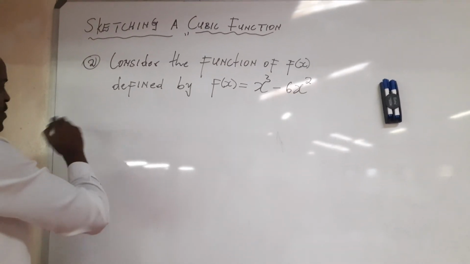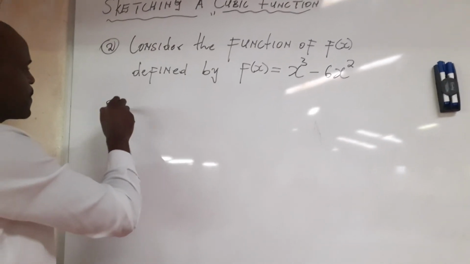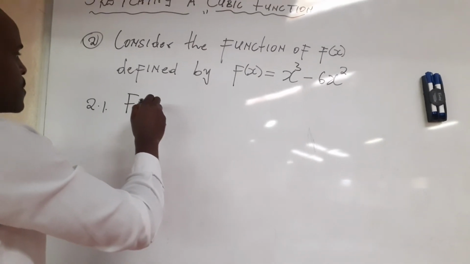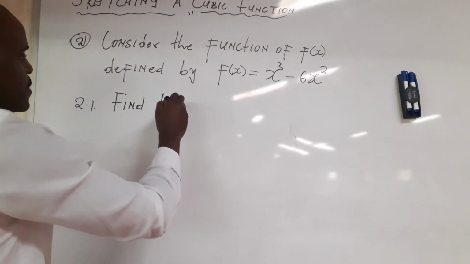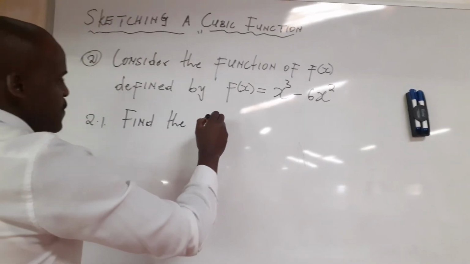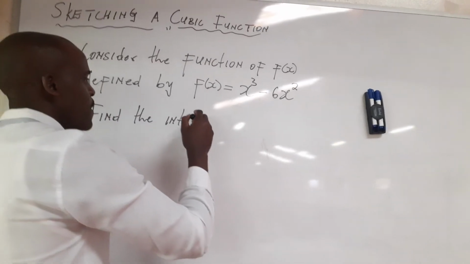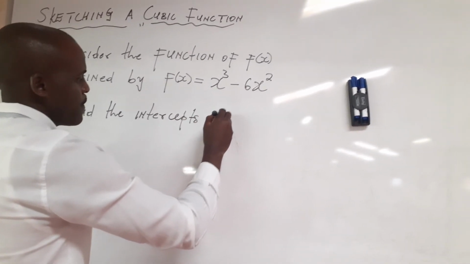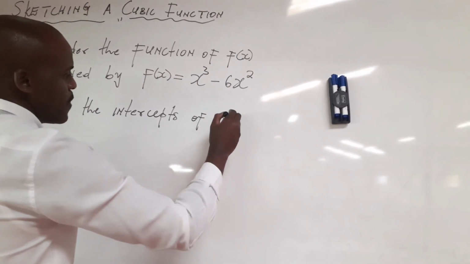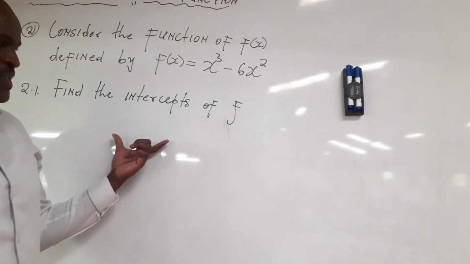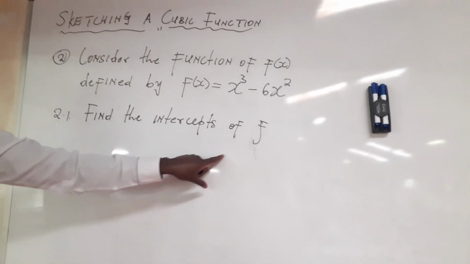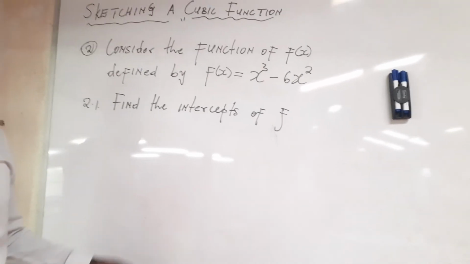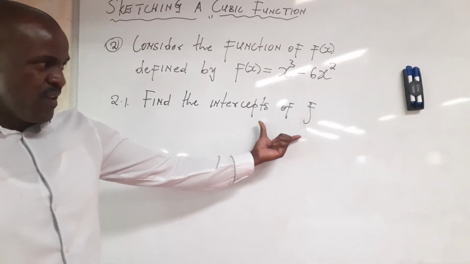And then let's look at the next question. Find the intercepts of the graph of f with the axes.